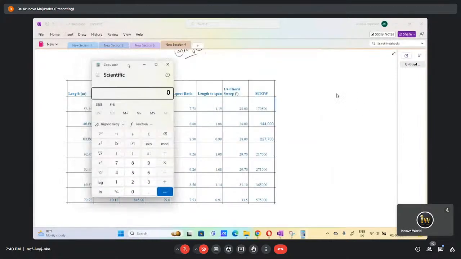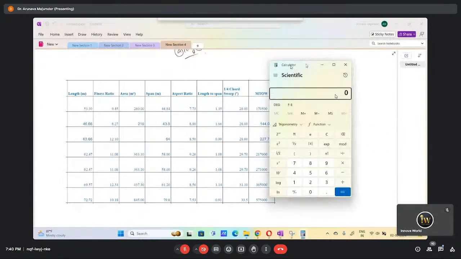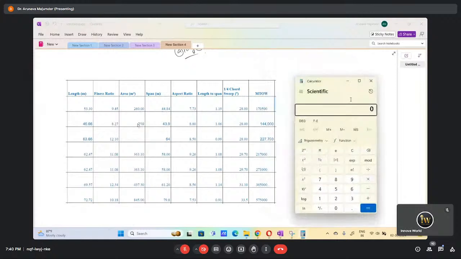If you calculate roughly: 260, 219, 363, again 363, 437, and 845.